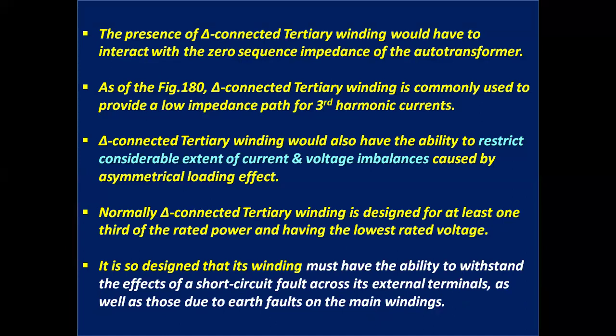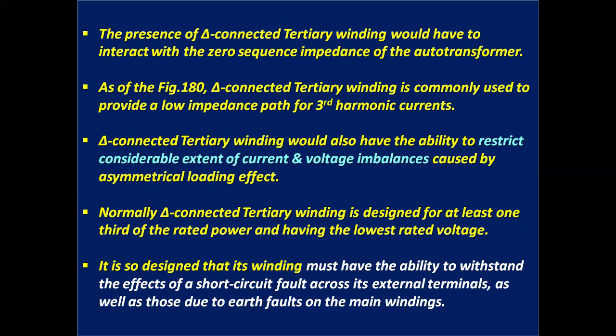The presence of delta connected tertiary winding would interact with the zero sequence impedance of the autotransformer. As in figure 180, delta connected tertiary winding is commonly used to provide a low impedance path for third harmonic currents.